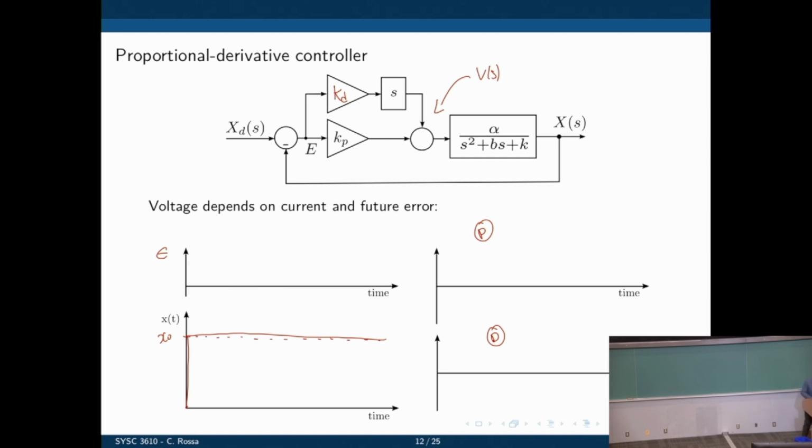The proportional part would make the mass accelerate. So the error will start at x0 and decrease slowly. And then the proportional controller is simply the error times a constant. So it will follow the same shape as the error, Kp times the error.